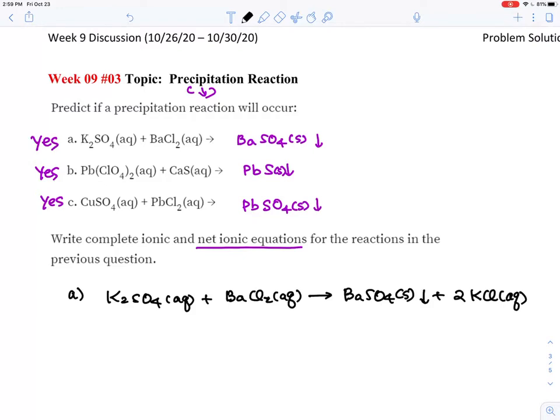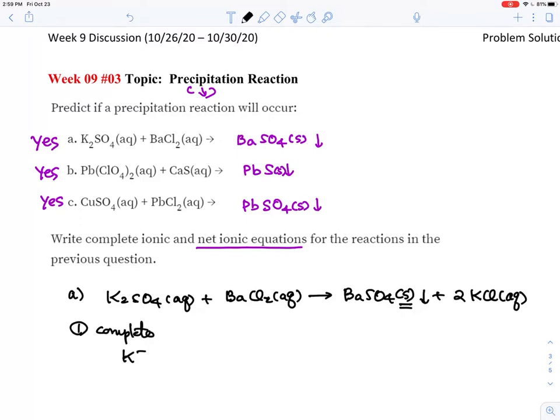So this will be the reaction going on, but the complete reaction is shown here. So let me start with the complete reaction.